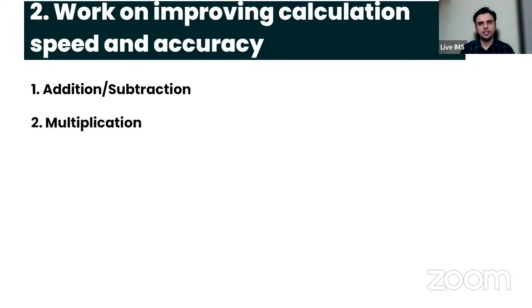The second important thing to do in calculation practice is multiplication. In the same way, start with 2 digit by 2 digit multiplication, then go to 3 digits, and up to 3 digits is sufficient when we talk about multiplications. The next important thing is tables. This is a very basic thing. One must know tables at least up to 25 for improving calculation speed.